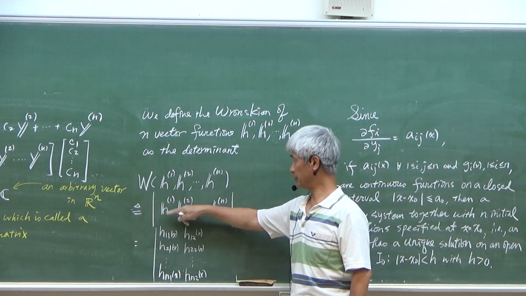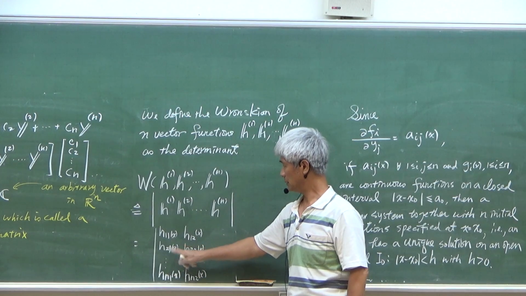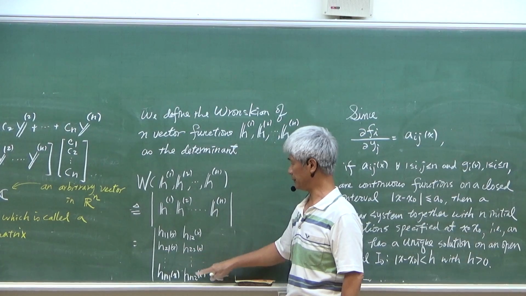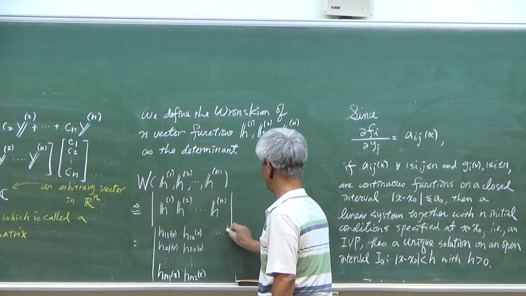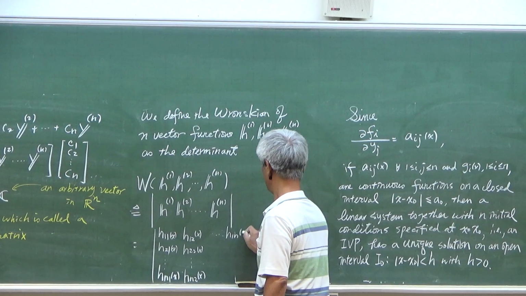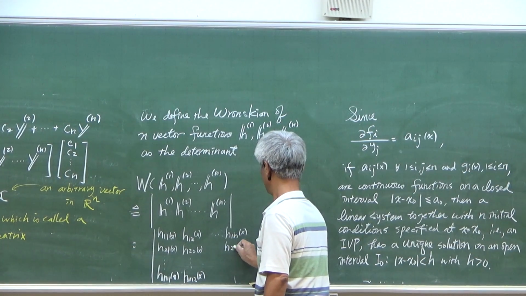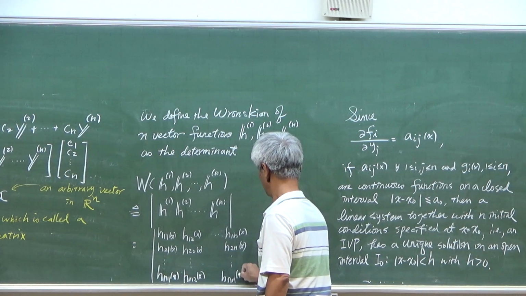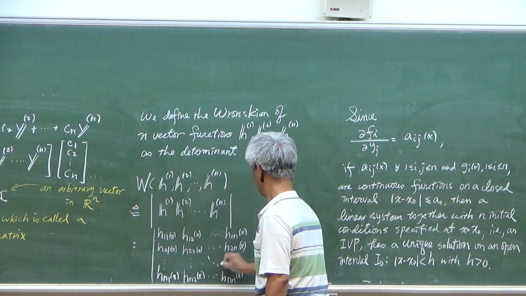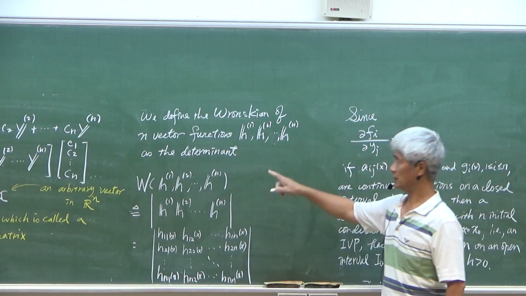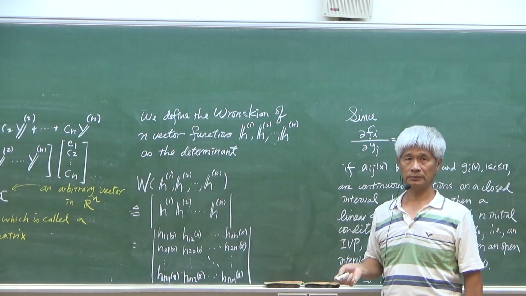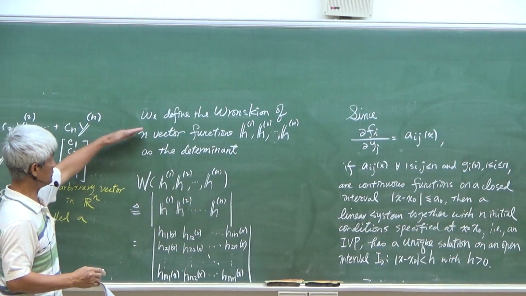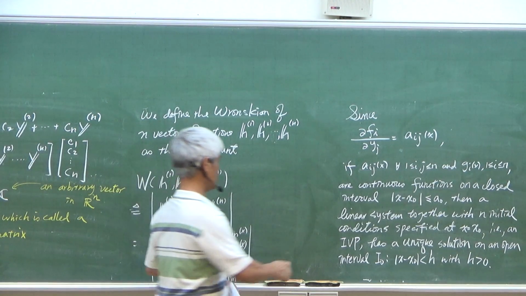The first column vector consists of n components here. The second vector also consists of n components, up to the nth. Okay, so this is a Wronskian for n vector functions.